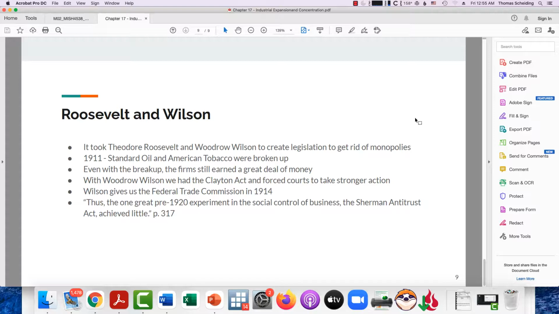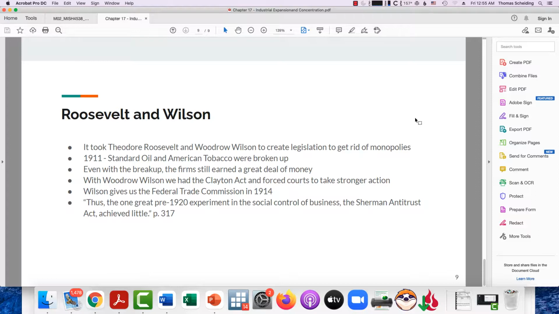Woodrow Wilson, seeing these gaps, these problems in the Sherman Antitrust Act, gets us the Clayton Act. And what it did is it forced the courts to take more seriously complaints made about there being mergers.